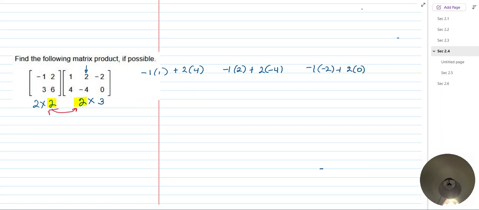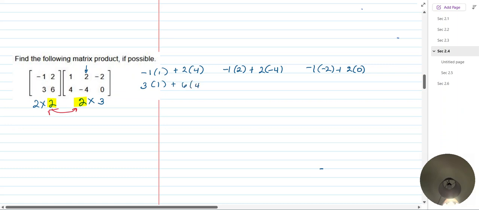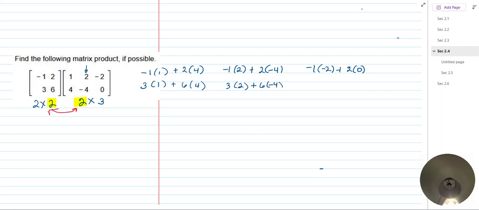All right. And you can see how long this is. That's why we're going to be using the calculator. Little math, but it's annoying. 3 times a 1 plus 6 times a 4. Then I'm going to have a 3 times a 2 plus a 6 times a negative 4.